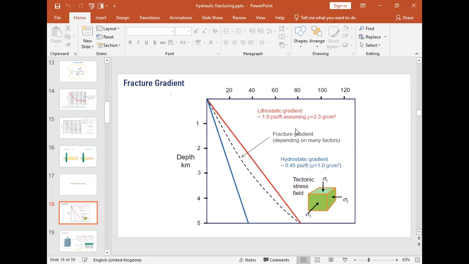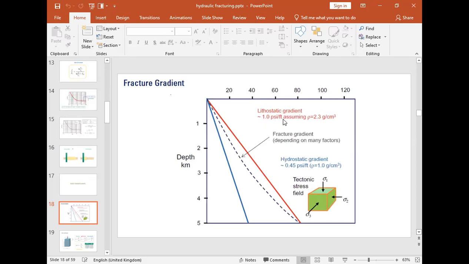So generally, there is this way in which the pressure increases with depth. That's where we bring in the term gradient, because the gradient is in terms of PSI per foot. So the gradient will increase gradually with depth. But we know that the rocks of the earth are not uniform, so we don't expect that the lithostatic gradient in one region must always be the same.